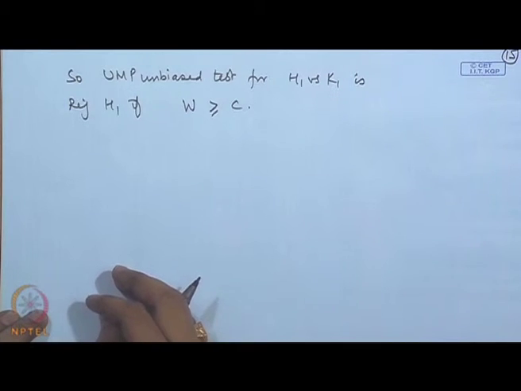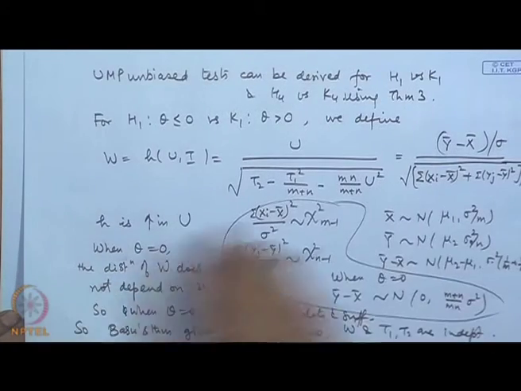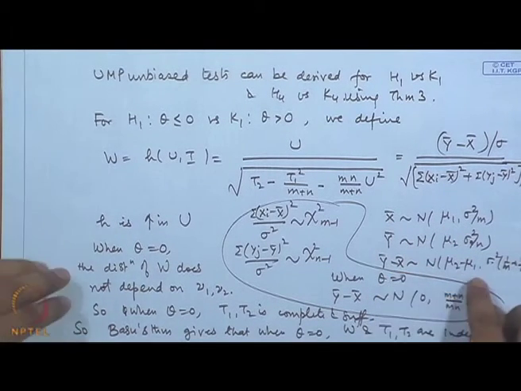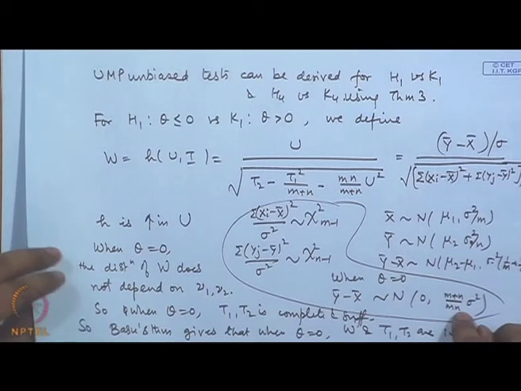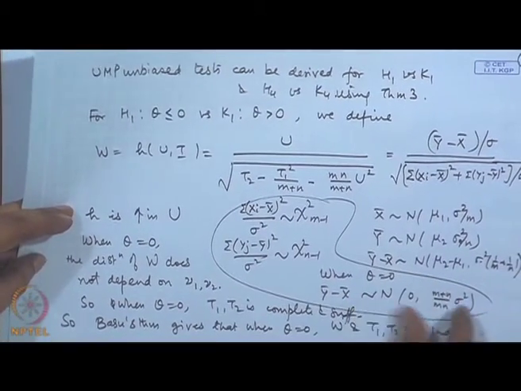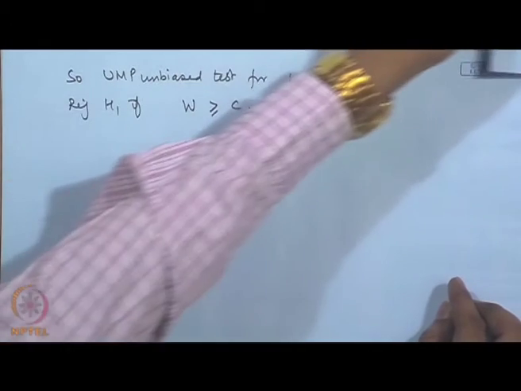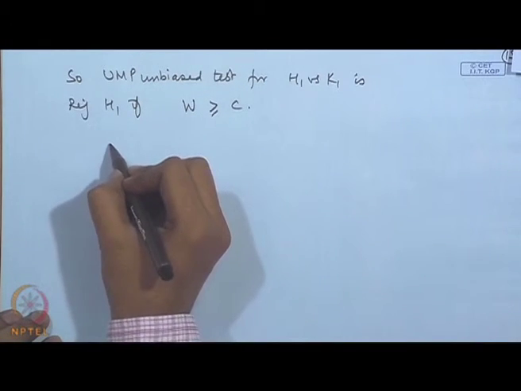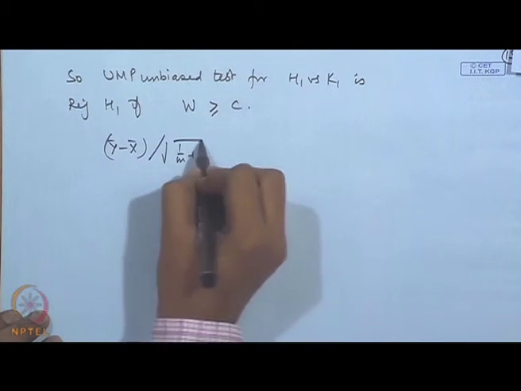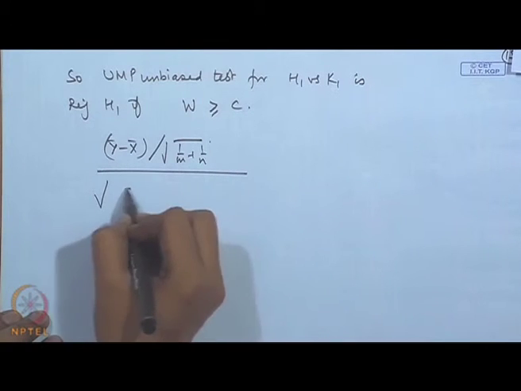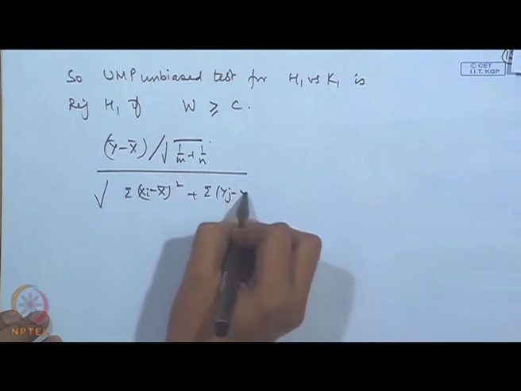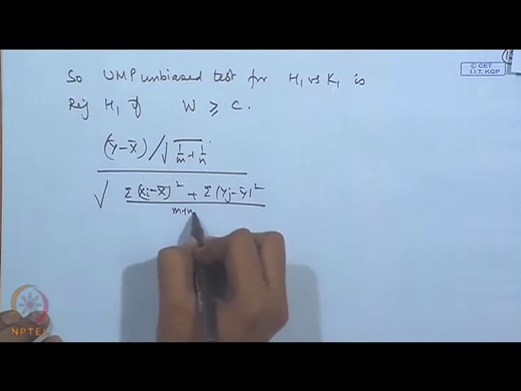Now, let us look at the distribution part of W. We have already seen here that y bar minus x bar follows normal 0, (m plus n) by m n sigma square when theta is equal to 0. So, we adjust this term here, and we get y bar minus x bar divided by root (1 by m plus 1 by n), divided by the square root of [sigma (x i minus x bar) square plus sigma (y j minus y bar) square] divided by (m plus n minus 2).